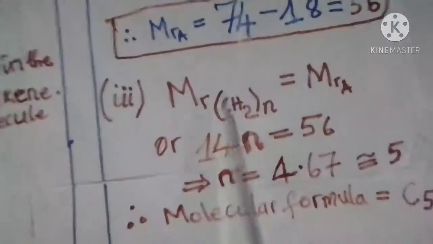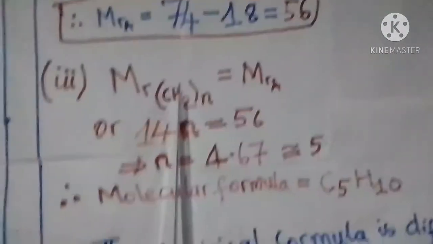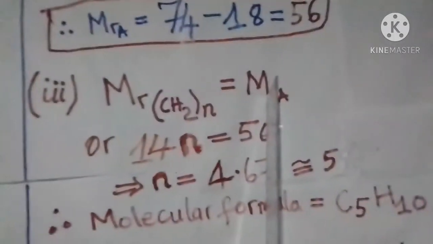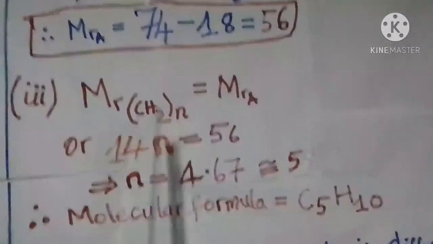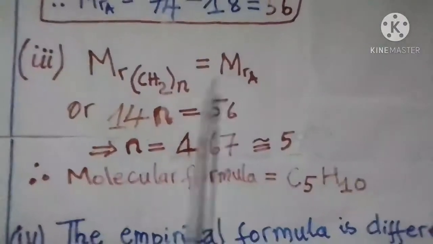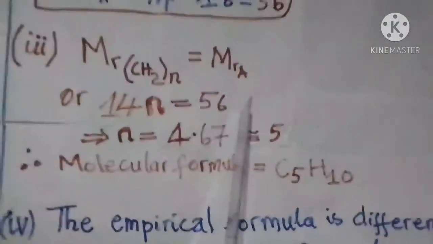If we sum the relative atomic masses of the elements in this empirical formula multiplied by this whole number n, we are going to have the relative molecular mass of A. Now we have 14n equal to 56. Remember that the relative molecular mass does not have units, unlike the molar mass.